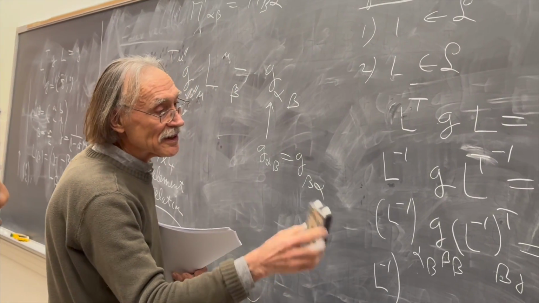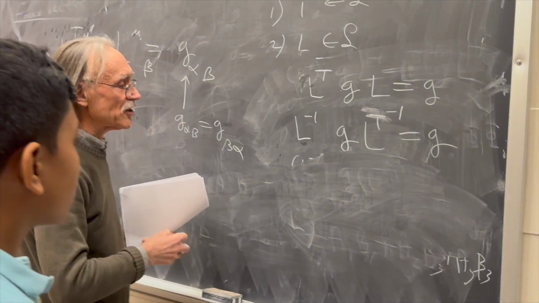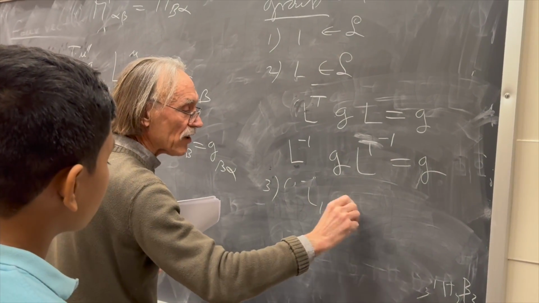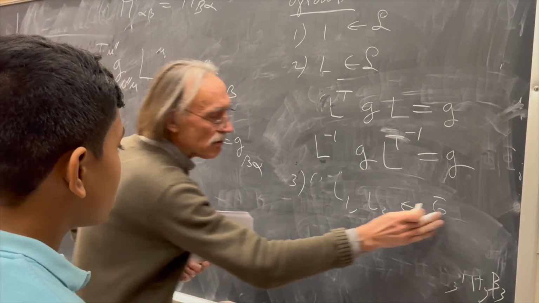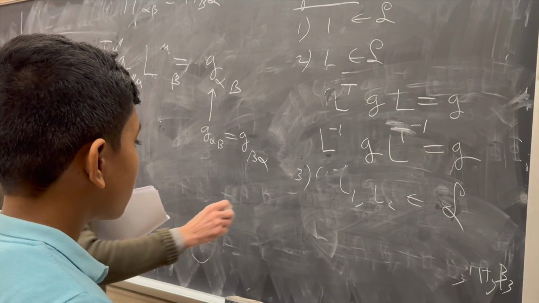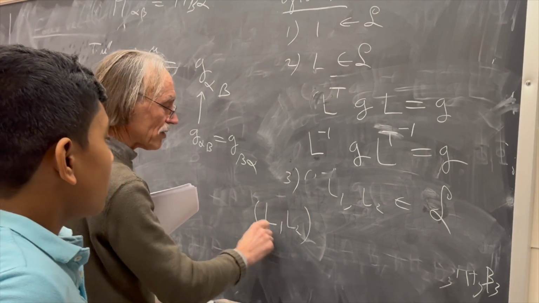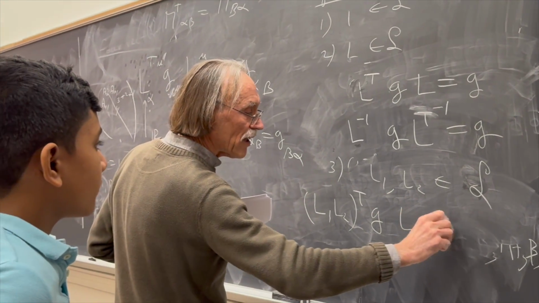Let me first prove the third group theoretical relation. That is, with L1 and L2 elements of the Lorentz group, then also the product is an element. And we can show that because (L1 L2) transpose times G times L1 L2.